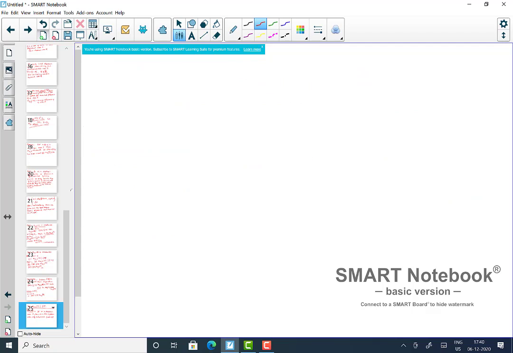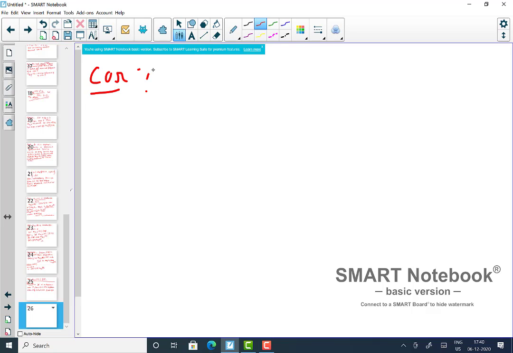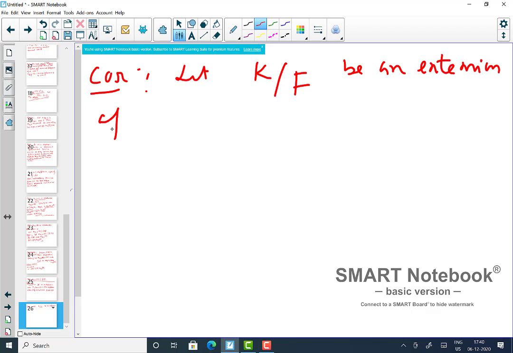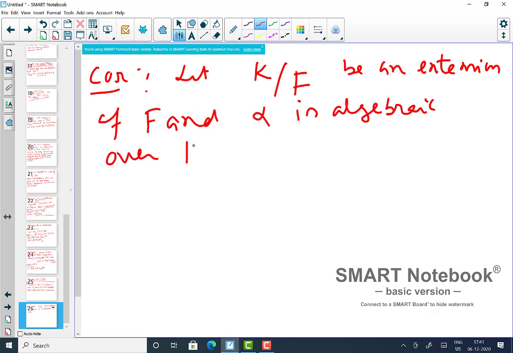So what can you say? Corollary. You can find this nice corollary: suppose K over F is an extension of F and alpha is algebraic over F. Then obviously alpha is also algebraic over K, so you have two minimal polynomials.